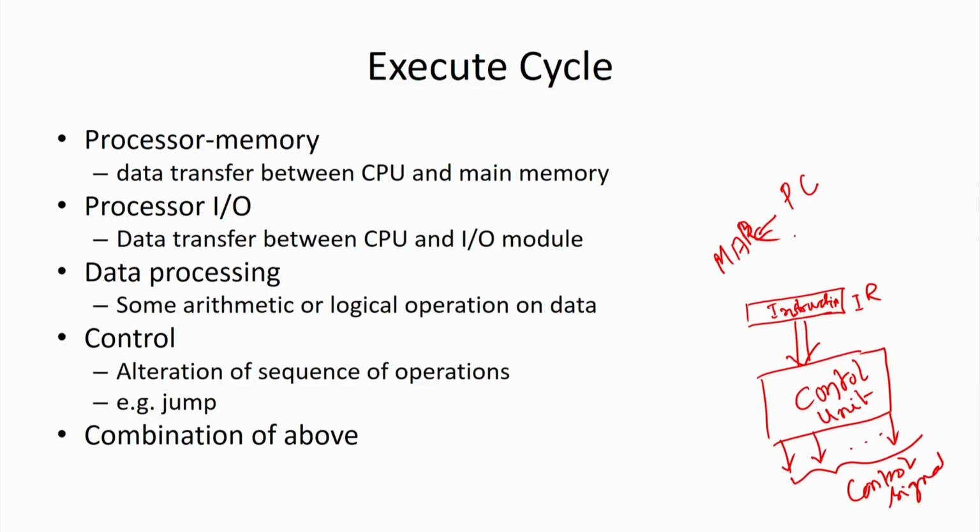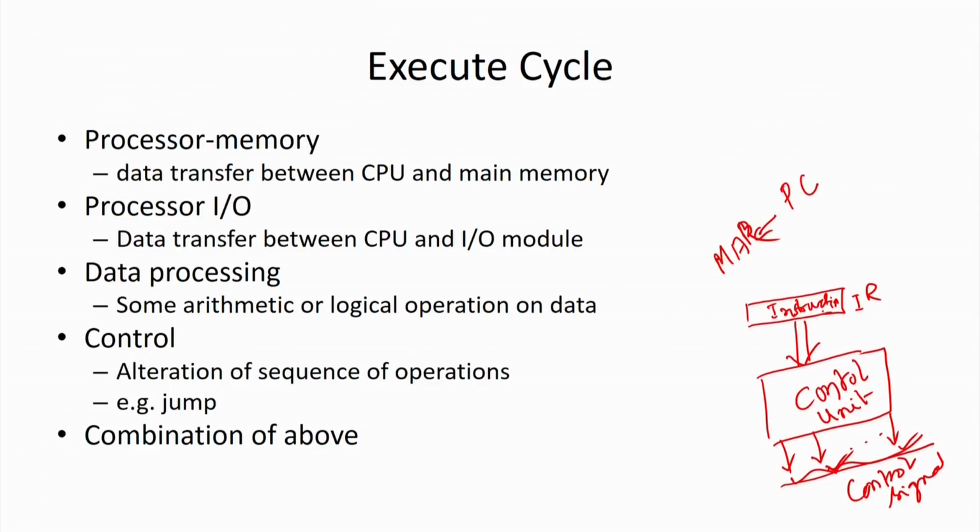In that case the control unit is going to generate some signal indicating that whatever value we have in the PC, just read the contents of the PC, and it will generate another signal saying that whatever information we have read from the PC, now write it into the MAR, or store it into the MAR. So, these are the control signals that come out from the control unit.